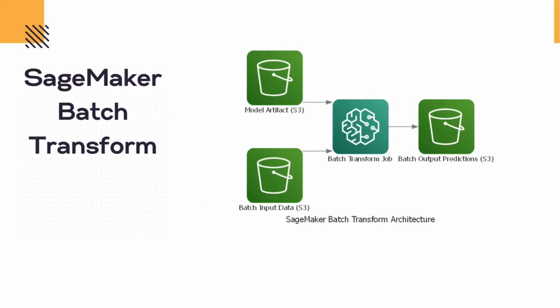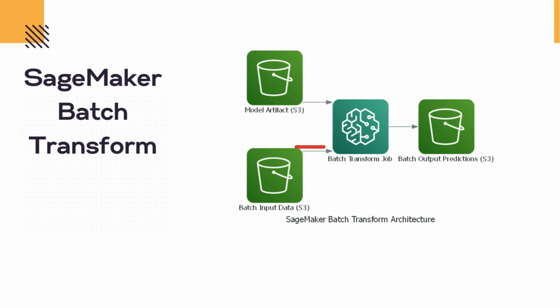Now let's look at the architecture of SageMaker Batch Transform. Unlike processing, this workflow is model-driven. First, we have a trained model artifact stored in S3. This contains the serialized model, for example, a model.tar.gz file. Then we have a separate S3 location containing the batch inference data. This could be millions of records that need predictions.